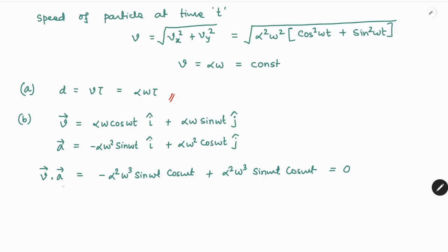If the dot product of two quantities is 0, then it certainly means that the two quantities are perpendicular to each other. So v vector must be perpendicular to a vector because the magnitudes are obviously non-zero, and hence the answer for the angle is going to be 90 degrees. So this is the answer to the second part.